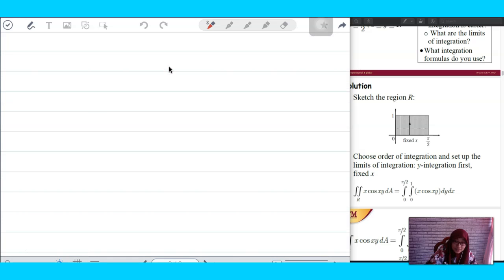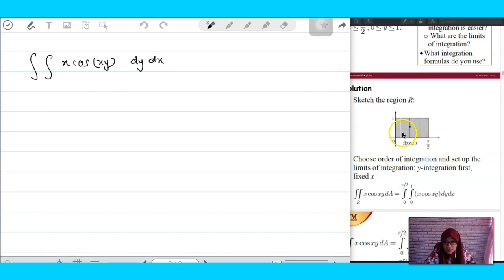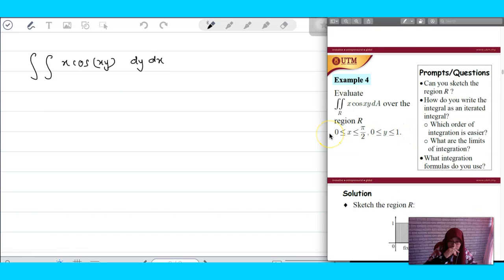Okay, now I proceed to the second option, where I have the x cos of xy. So just now we chose dy dx, so I want to integrate with respect to y first. So now the limit will follow through this information.